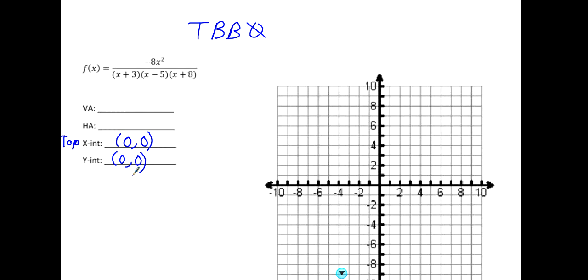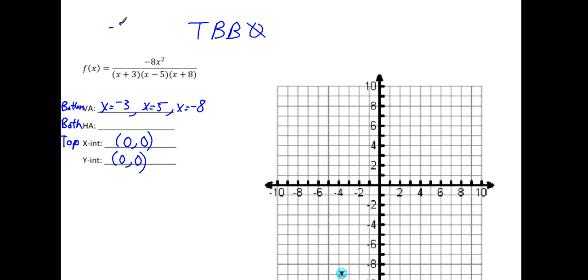Then we look at the bottom. The bottom gives me my vertical asymptotes. So again, the solutions, x equals -3, x equals 5, and x equals -8. Those are my 3 vertical asymptotes. My horizontal asymptote is given by both the power of the top and the power of the bottom.